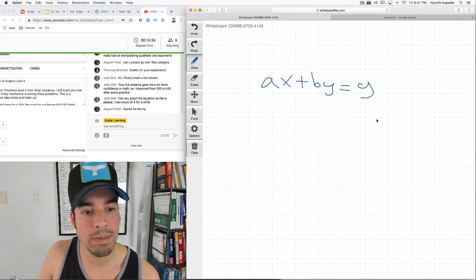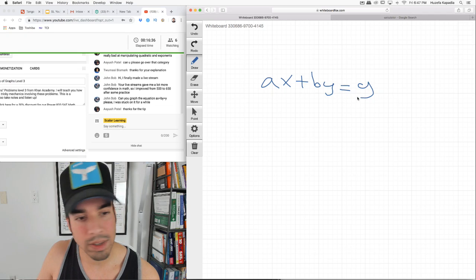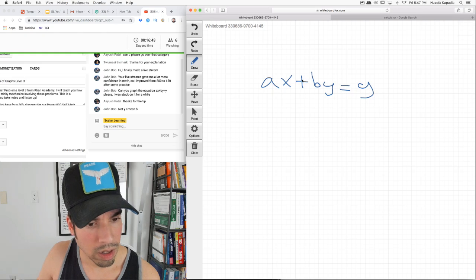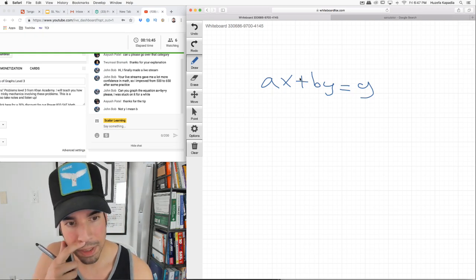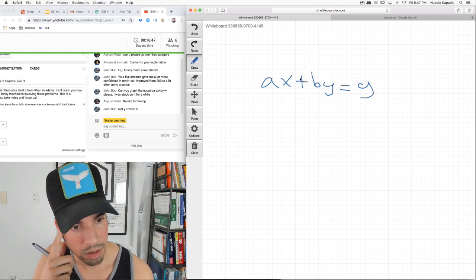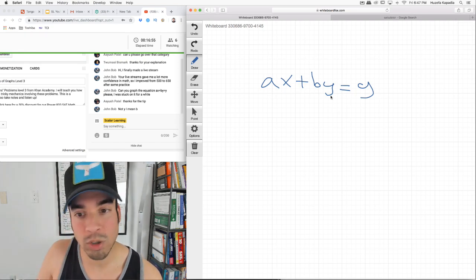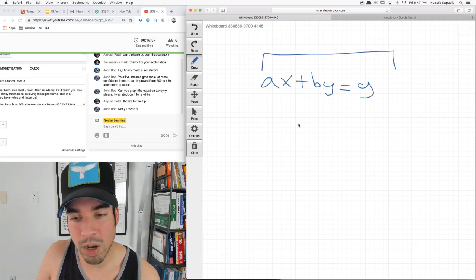Okay, well, first of all, let me isolate it, and I don't even know, because this is weird without... not y, I mean b. Wait, can you tell me, is this the actual equation that you want graphed, ax plus by equals y, or is it something different?